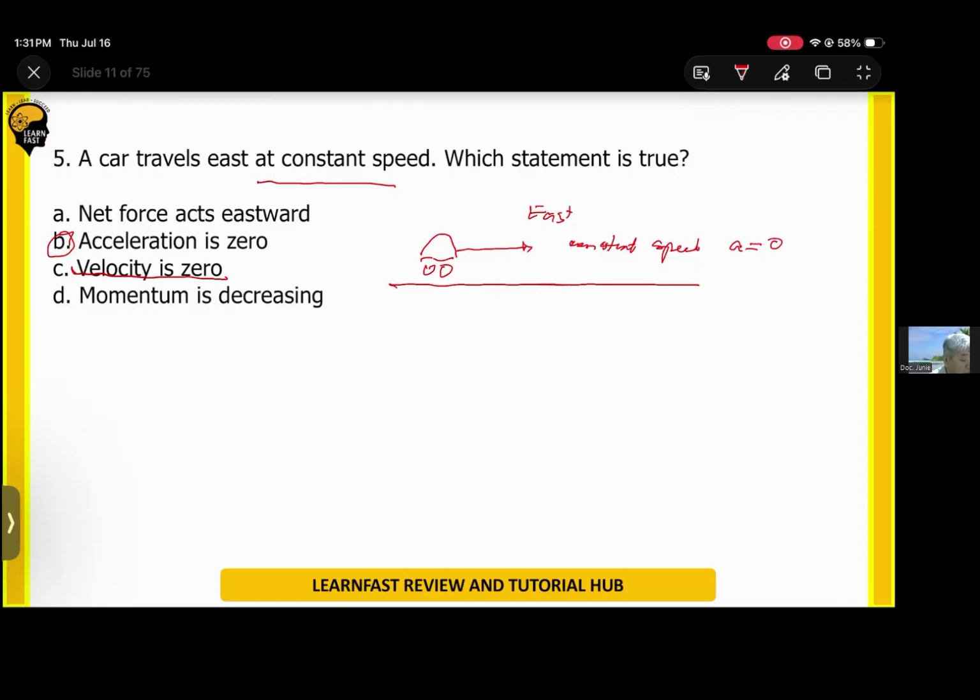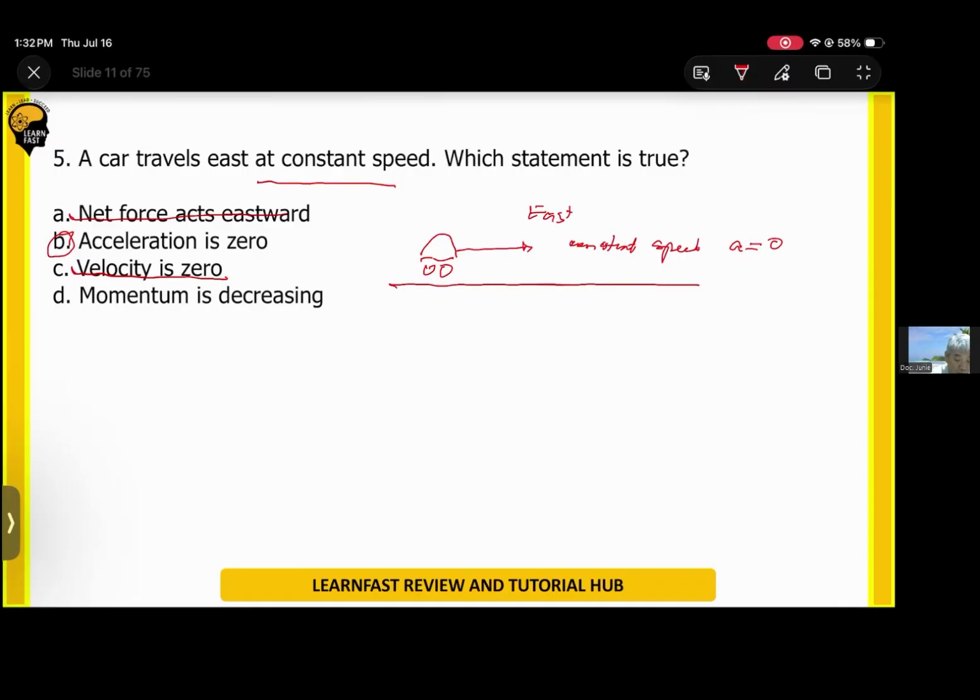What is the reason why A is wrong? Net force acts eastward. So option A is wrong because net force eastward would cause acceleration to go eastward. And momentum is decreasing is also wrong because remember, momentum is one of the fundamental quantities that does not increase or decrease.